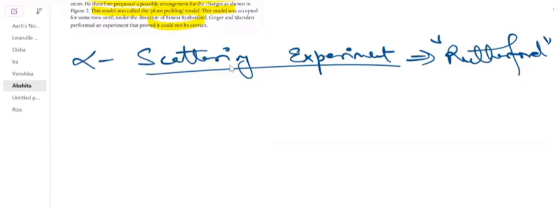Yes, please explain. I'm listening. There was this gold foil, and the alpha particles were sent through the gold foil.